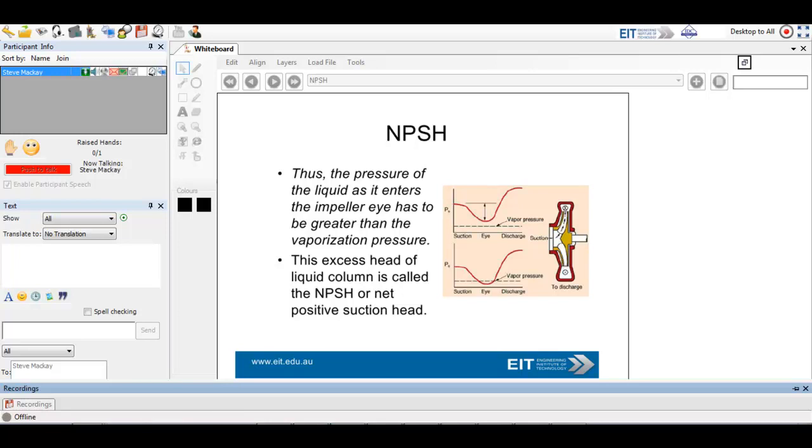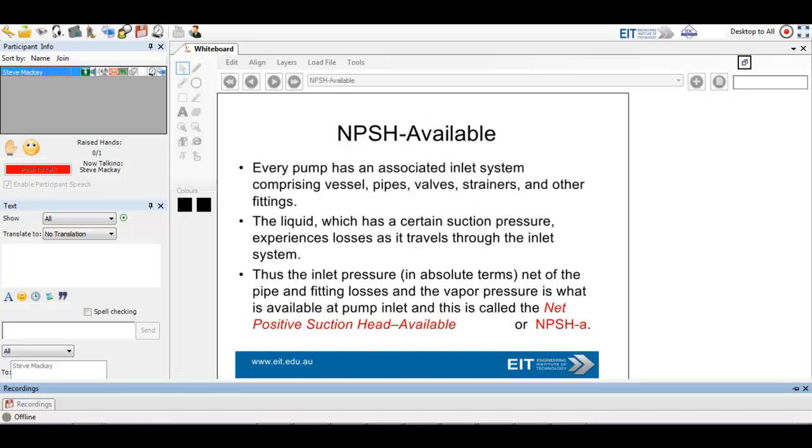Now, to understand cavitation, you need to understand net positive suction head. And as I said, I don't really want to dwell on it too long, but basically, the pressure of the liquid as it enters the impeller eye has to be greater than the vaporization pressure. This excess head of liquid column is often referred to as NPSH, net positive suction head.